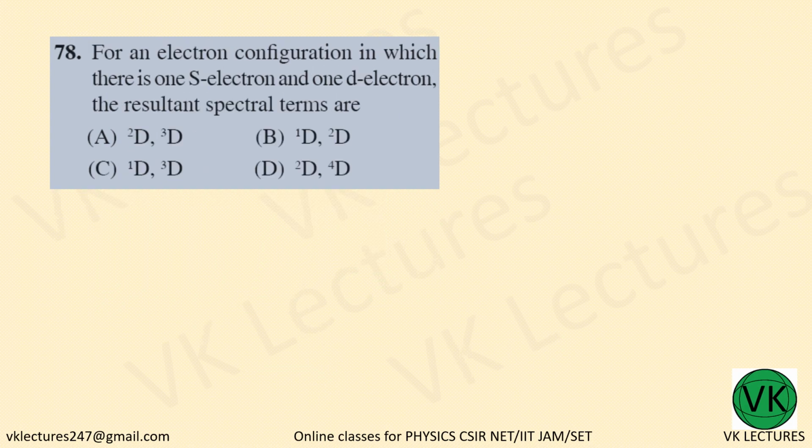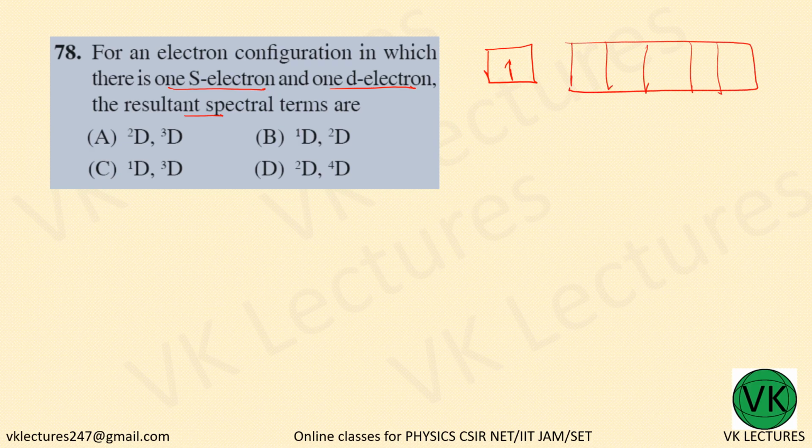For an electron configuration in which there is one s electron and one d electron, the resultant spectral terms are. According to the question, you have one electron in the s orbital and another electron in the d orbital. Now the angular momentum l, for s you have 0, for d you have 2.